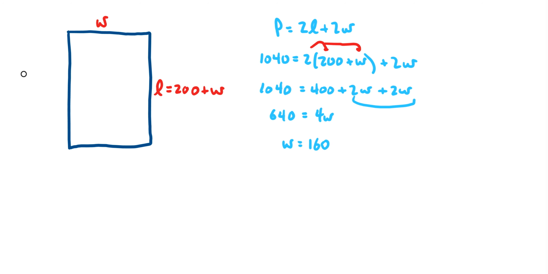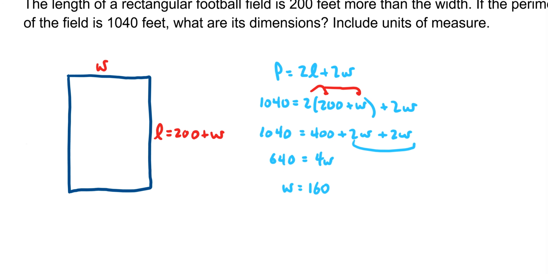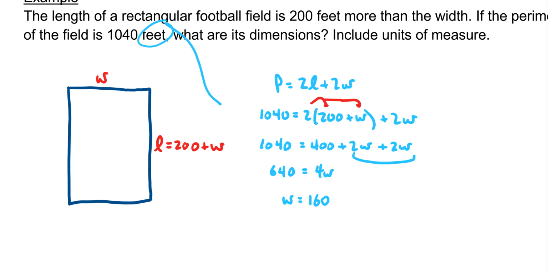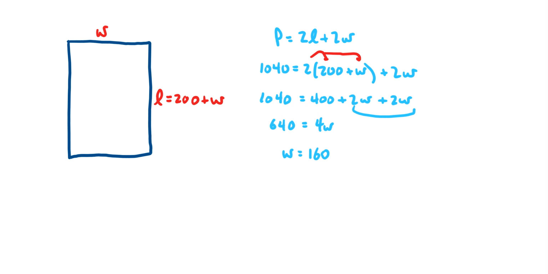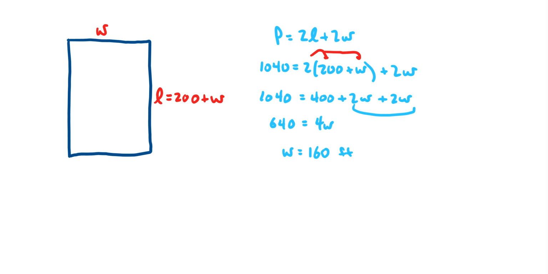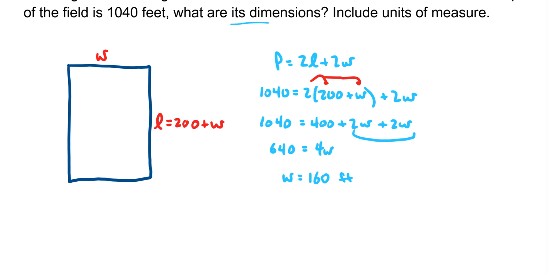640 divided by 4, we get 160. It said that the units are in feet, so this is going to be 160 feet. And it said that we want to find the dimensions.